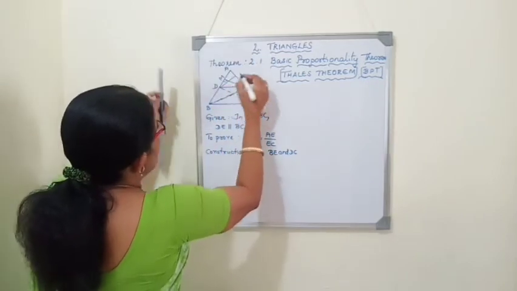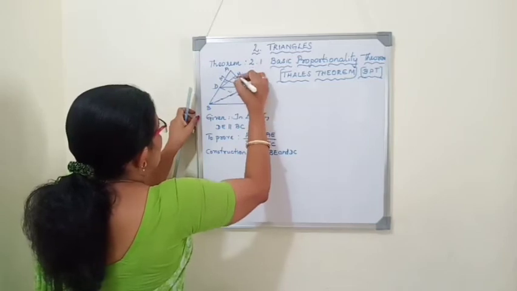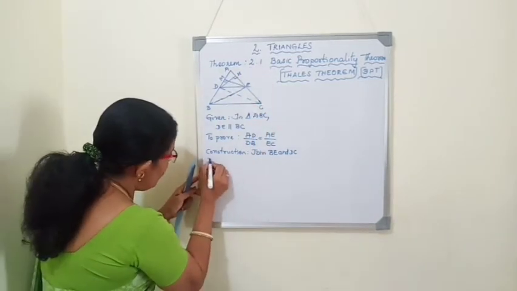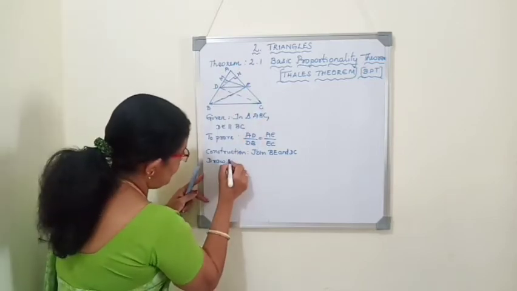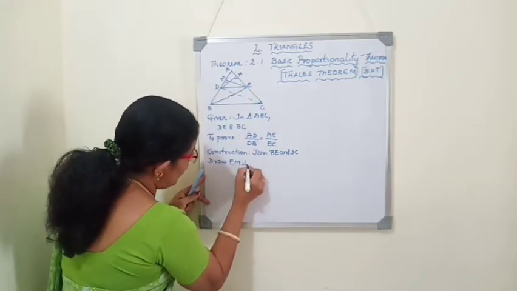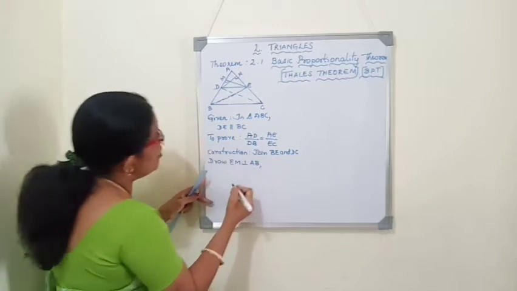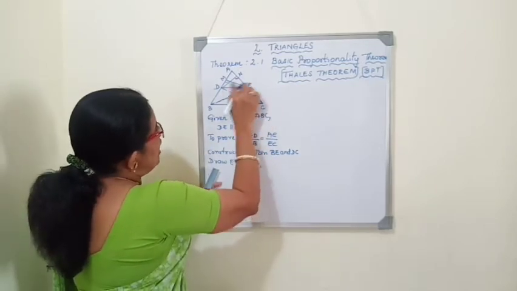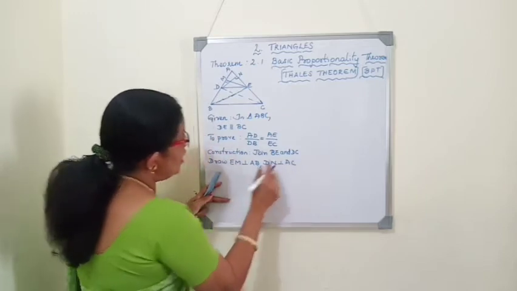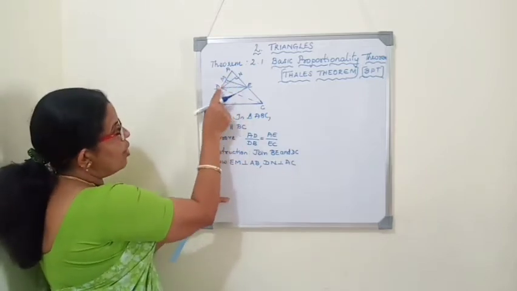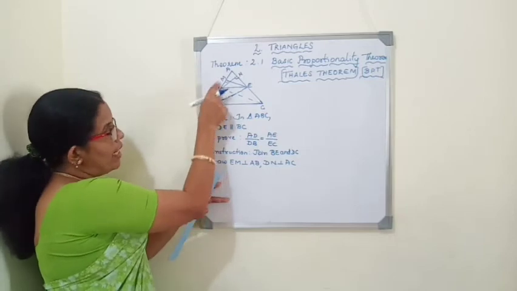I will repeat. Draw EM perpendicular to AB and DN perpendicular to AC. See here, EM is perpendicular to the whole side AB, not AD, it is AB.